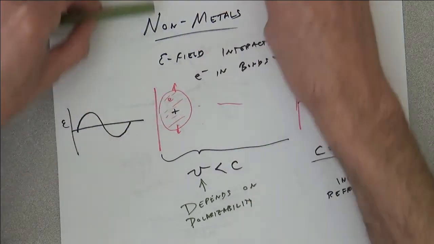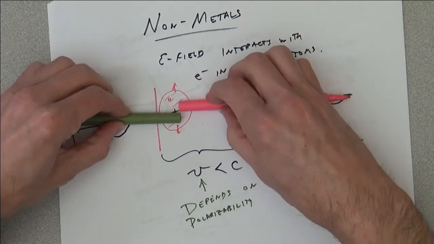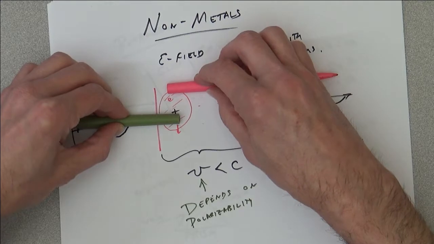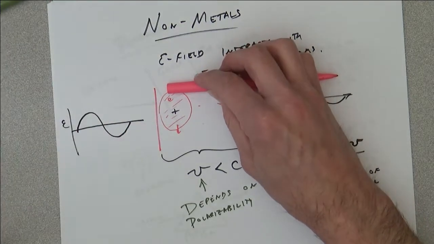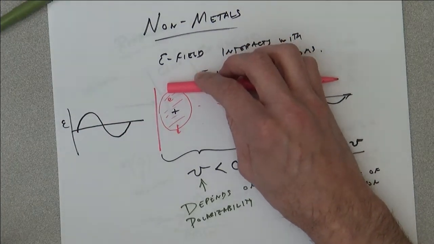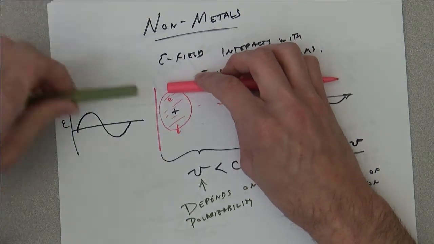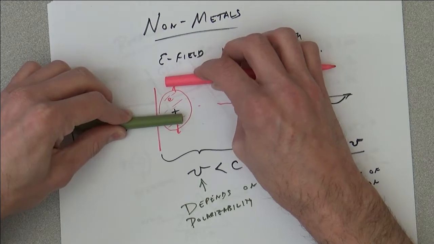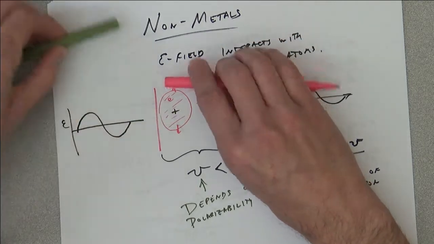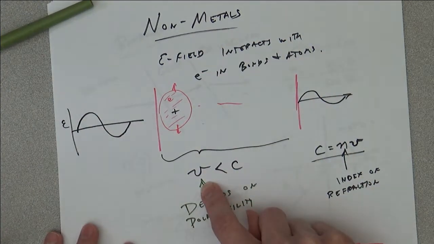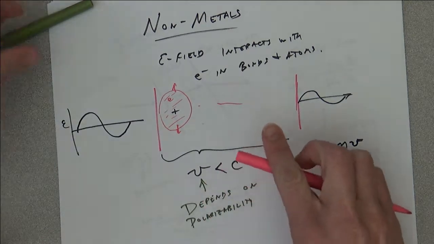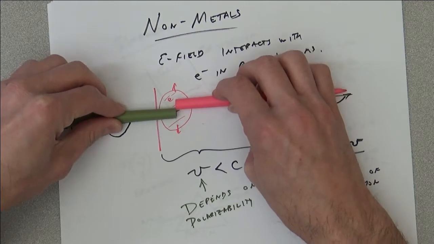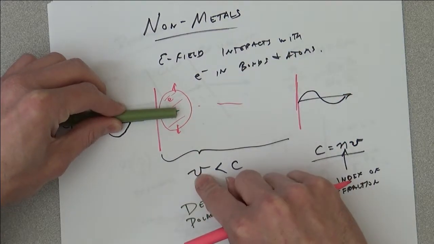It's telling us about how hard it is for us to separate these. What is the force required? A material that has a relatively high polarizability, meaning that it's relatively easy to separate the positive and negative charge, the velocity will be lower. In contrast, something which has a lower polarizability will have a faster velocity.